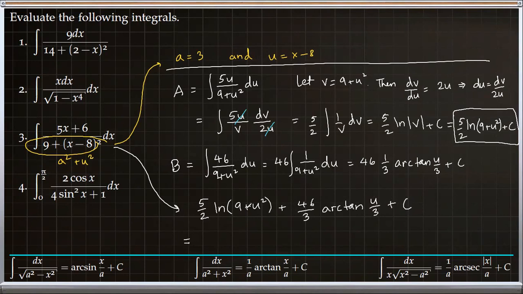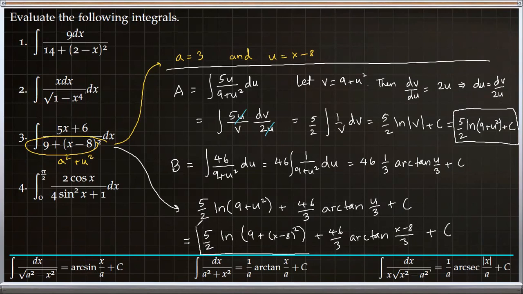And finally, I can put the expression for u back. So this becomes natural log of 9 plus u squared, which is simply x minus 8 squared, plus 46 by 3 arc tangent, u is x minus 8, by 3 plus constant. Therefore, this is the antiderivative of this third function.